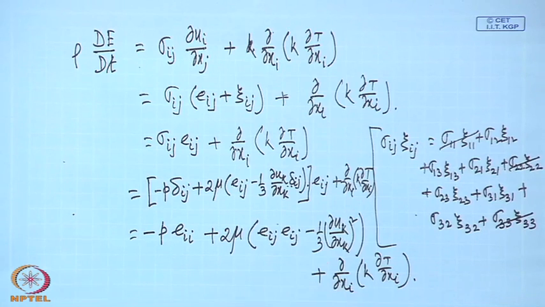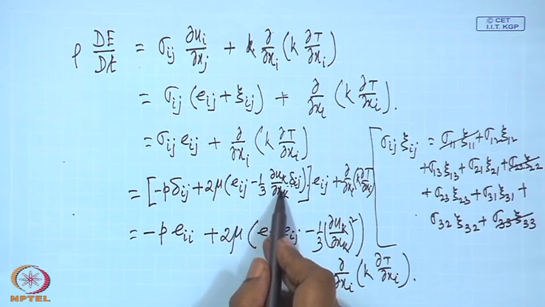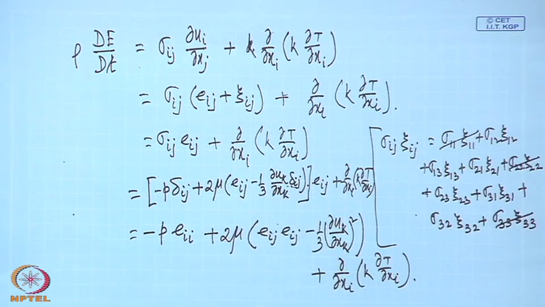It will be quite a long term if we expand, but as you can see, how is it a square? Already we had du k dx k, and another du k dx k we are getting from E ij delta ij. E ij delta ij is E ii, and instead of writing E ii, if we write E kk, it is all the same.